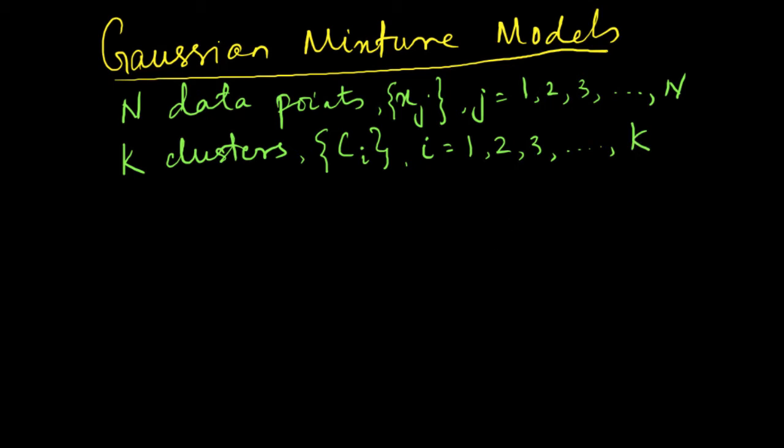And now instead of just assigning a cluster label to each data point, what we estimate is the probability of the data point belonging to a cluster. As you can notice, in the k-means algorithm we did a hard assignment of a cluster label to a particular data point. But now we are not doing a hard assignment, but finding the probability of a given data point belonging to each of the clusters.